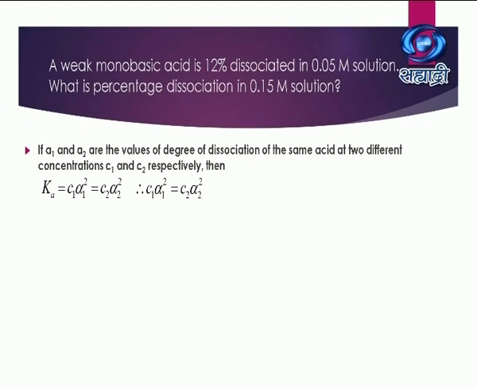And so in one case, that is 0.05 molar solution, 12% dissociation is given. So for 0.15 molar of the same acid solution, what is alpha? This is how you are supposed to find out. Now given is alpha 1, 12 by 100, percentage alpha is given.